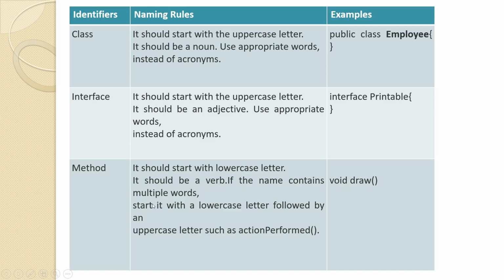If the name contains multiple words, it starts with a lowercase letter followed by an uppercase letter for the next word, such as an action performed. You can see here the first word is in small letters, and in the second word the first letter is capital. You can see an example, drawShape. So hope you understood class, interface and method naming convention rules.